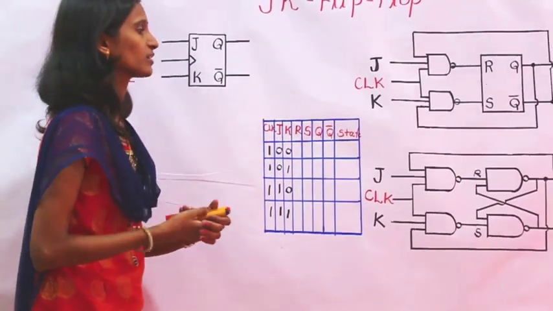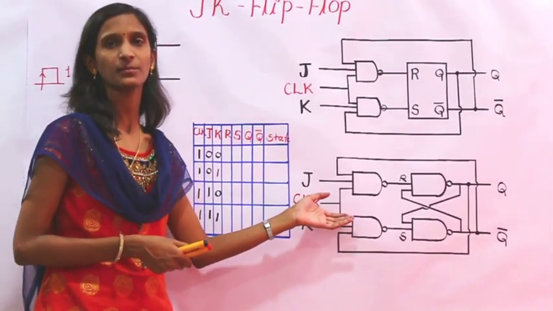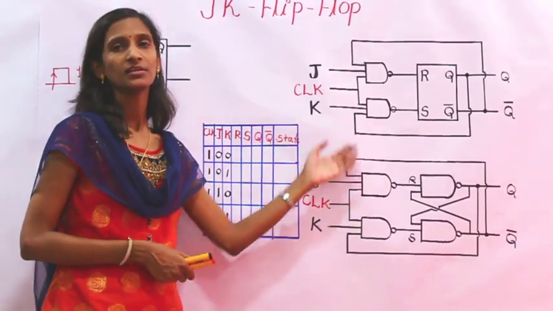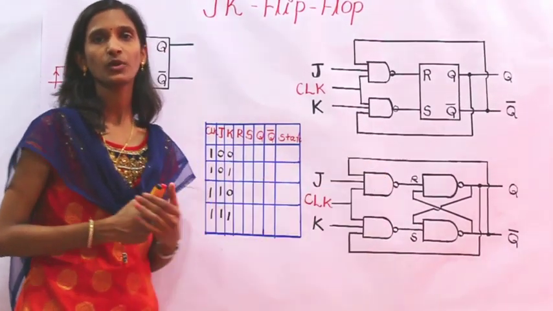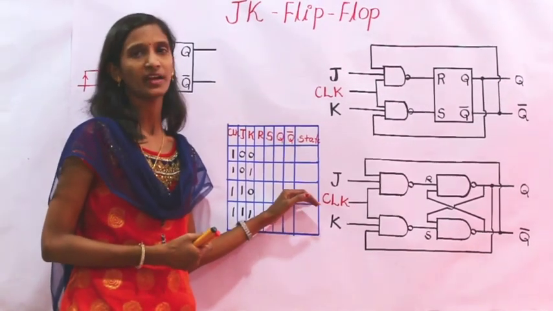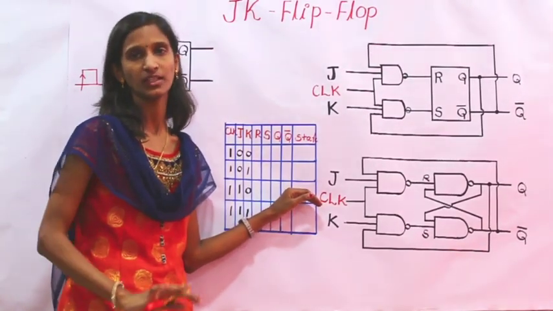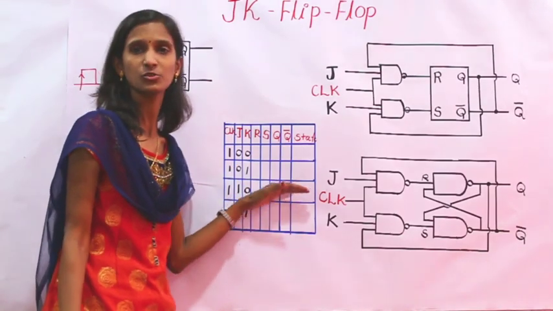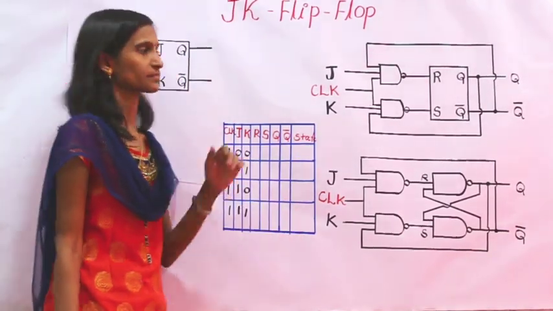For understanding the operation of the JK flip-flop, we also have to consider the truth table of the NAND gate. As we have discussed, if any one of the inputs is 0, the NAND gate gives output 1.